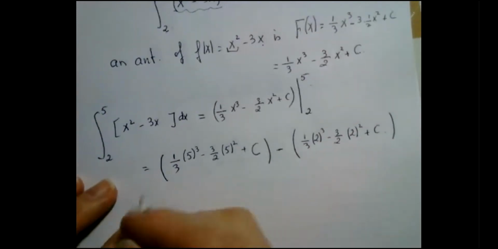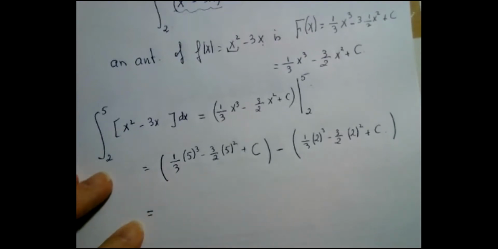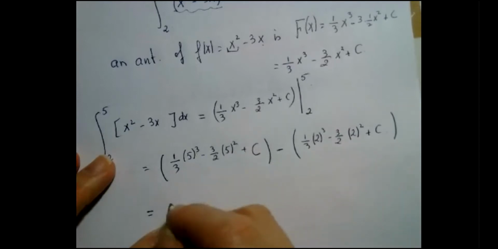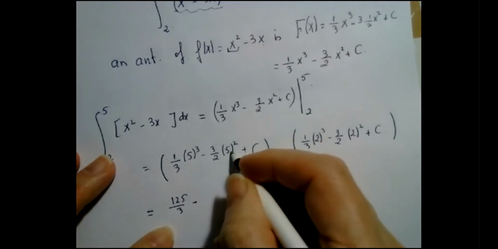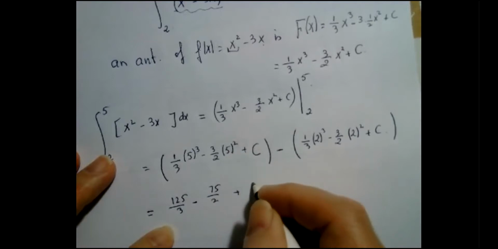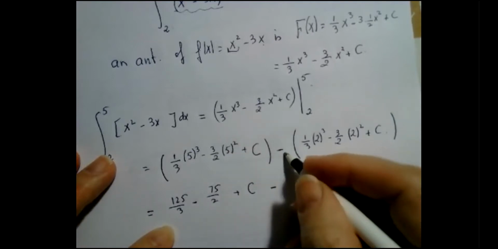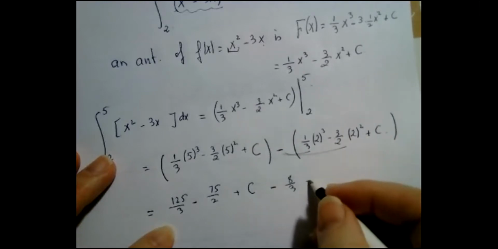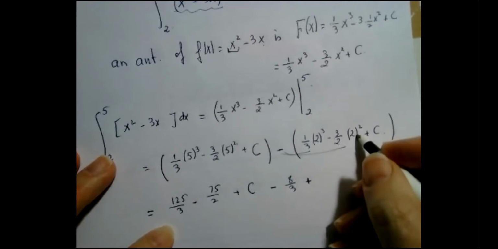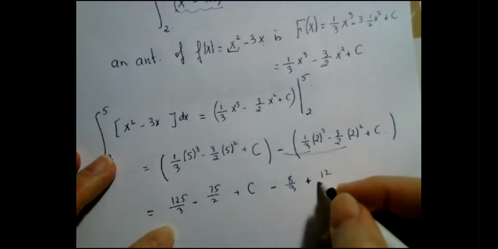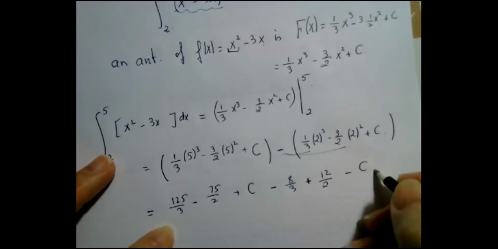Now we're going to evaluate, and we should get around 7.5 because that's what the Riemann sum told us. 5 to the power 3 is 5 times 5 times 5, so it's 125 over 3. 5 squared is 25, 3 times 25 is 75 over 2, plus c, minus, now I need to distribute the minus, 1/3 times 8, minus minus is a plus, 3 times 4 is 12 over 2, minus c.